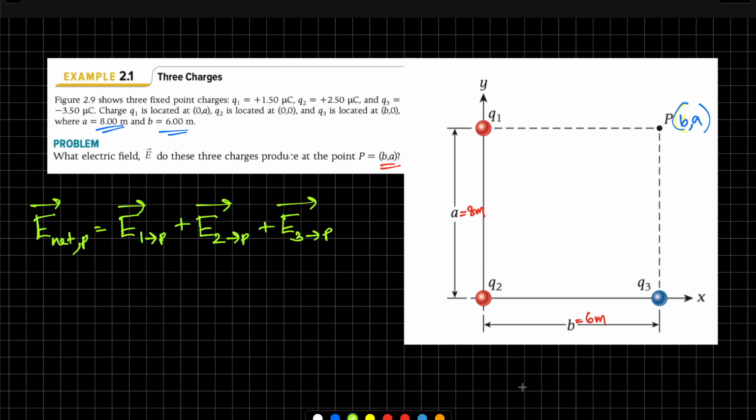The general equation for electric field due to a point charge is K Q over R square. Using this equation, we are going to find the electric field of all the individual charges, Q1, Q2 and Q3.